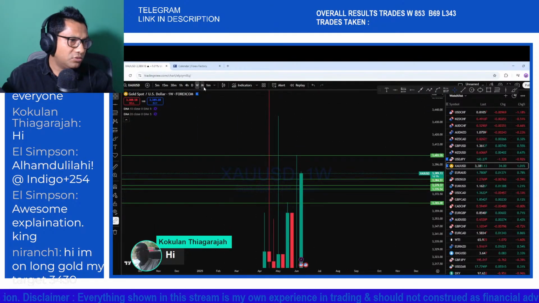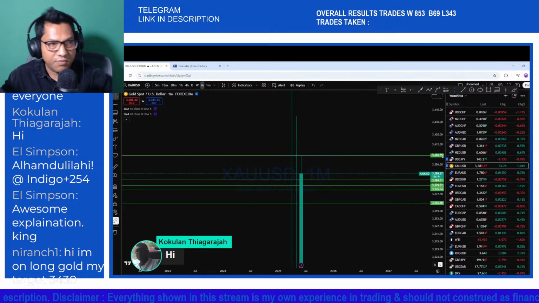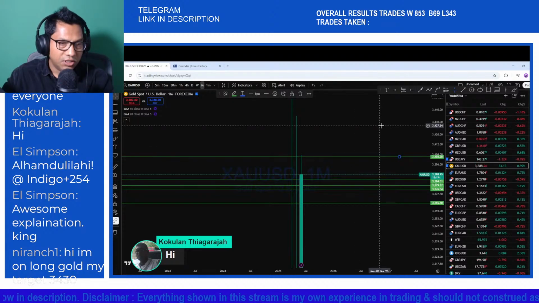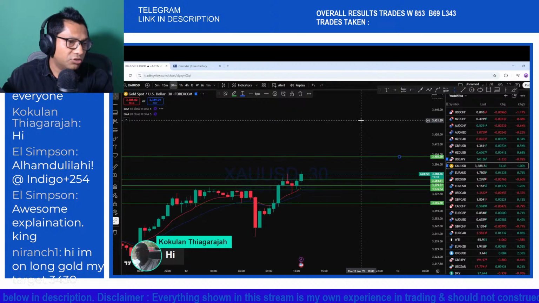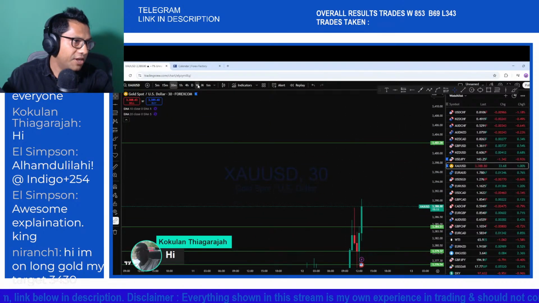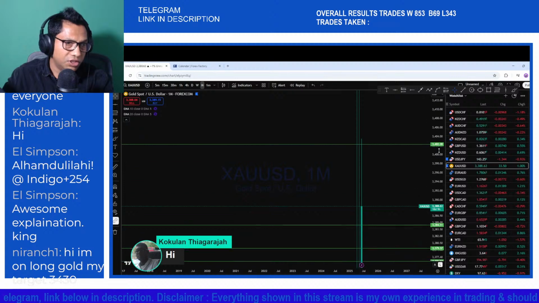It might break out, but if I'm trading, I'd close my position around the 3400 level or just below it, because of the monthly high coming. This is the monthly high at 3403.